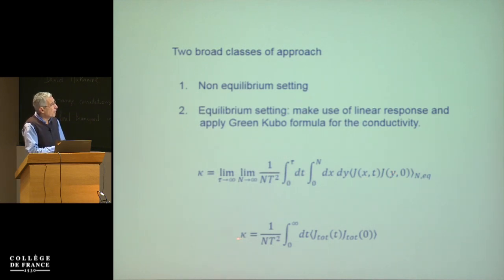So basically, kappa, the heat conductivity, is just the integral over time of the total current correlation function at different times. And this sometimes can be calculated, and from that one can extract the conductivity.